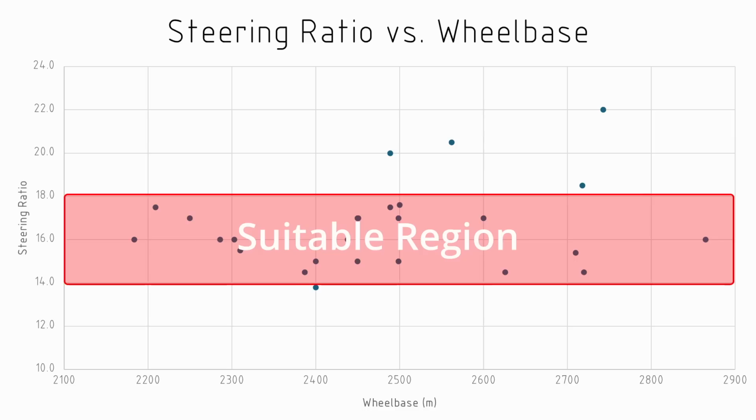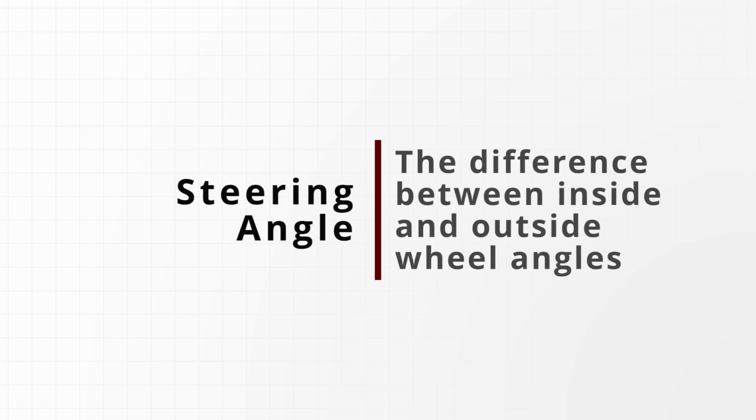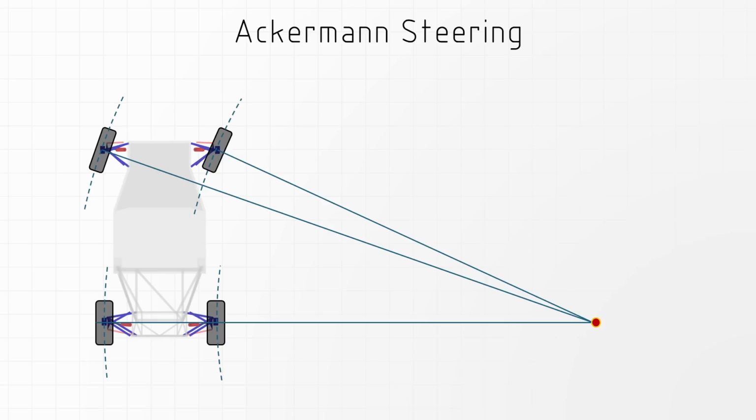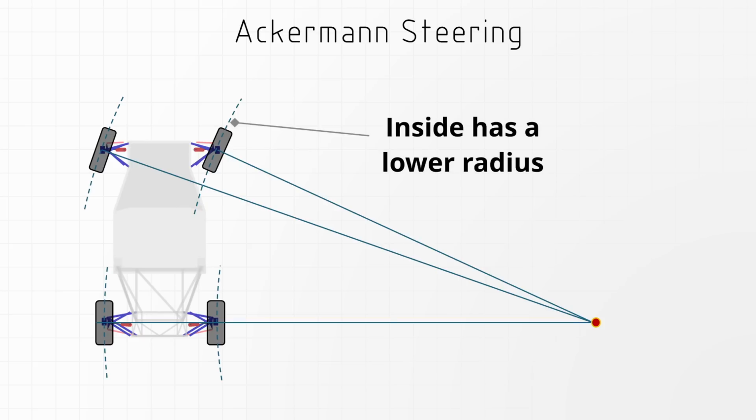Now, the third and probably the longest point that I want to discuss in this video is Ackermann. Well, this is the difference between the inside wheel steering and the outside wheel steering. If we look at this diagram, we see that the concept of Ackermann steering is that for a given turning radius, the inside wheels are moving on a tighter circle than the outside wheels.